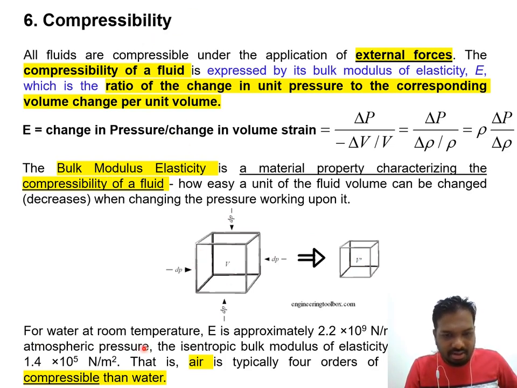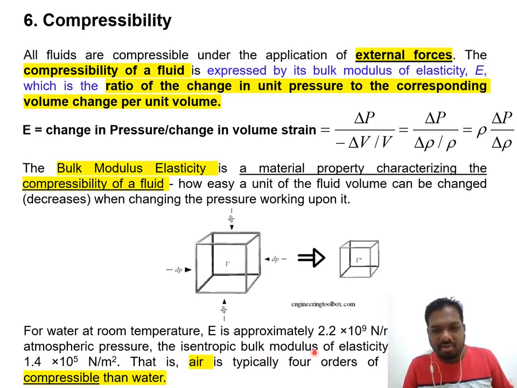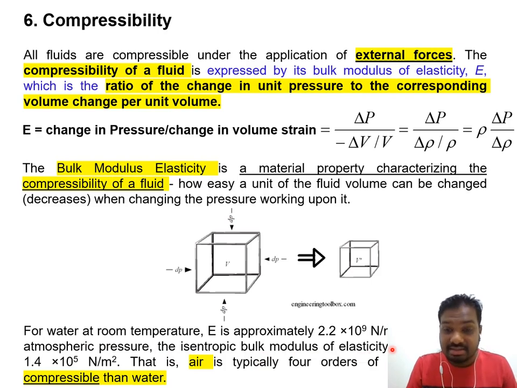So for water at room temperature, E is approximately 2.2 times 10 to the power of 9 Newton per meter square, while for air at atmospheric pressure, the isentropic bulk modulus of elasticity is approximately 1.4 times 10 to the power of 5.